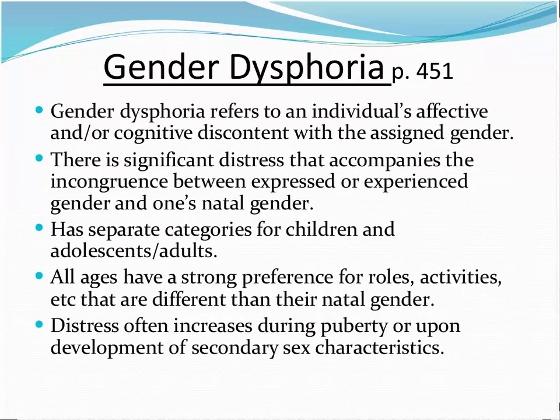Gender dysphoria. This was added to the DSM-5 to replace gender identity disorder. There was a lot of controversy around the inclusion of this as a disorder. It was removed from the sexual disorders to avoid pathologizing the experience of the individual. But the reason why it was included is the way that our system works, not just mental health, but our whole health system.